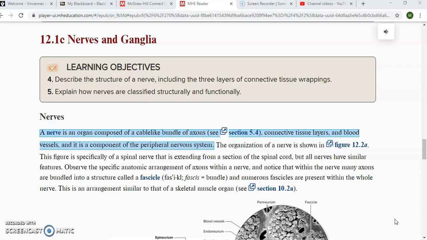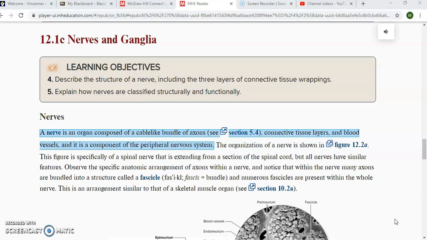So a nerve is actually like a bundle of axons that are all going to the same region of the body, all traveling in the same structure, which is a nerve. You will also talk about the connective tissue layers that surround the nerve, but we talk about that in lab, so I don't have you talk about those in the lecture part here.